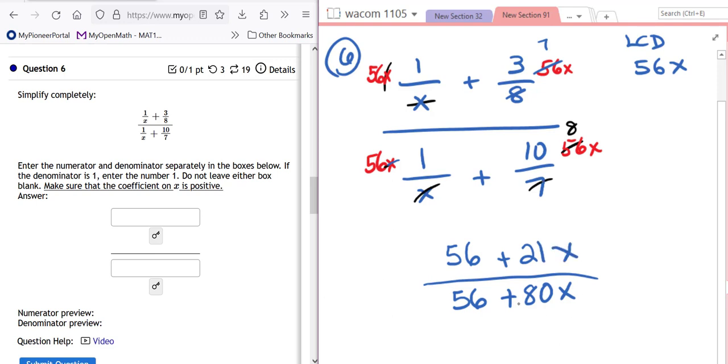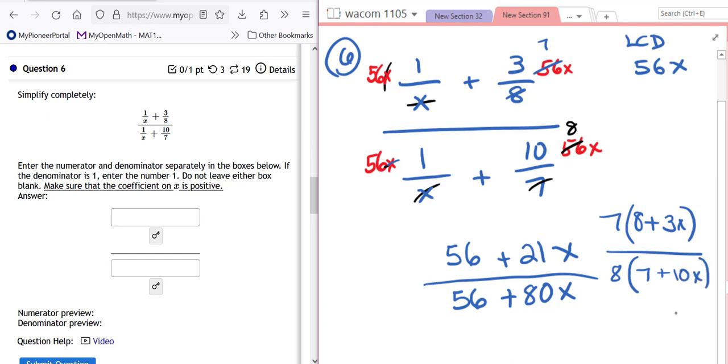And you can't do anything else with that. You cannot divide out the 56 over 56. And there's nothing you can factor out here that's common so that you could get this to reduce. I better be careful there. There is a 7 in that. Let's see. So 7 times 8 plus 3x. 7 eighths are 56, and that would be 21x. And down here it is an 8, and that would go 7 plus 10x.